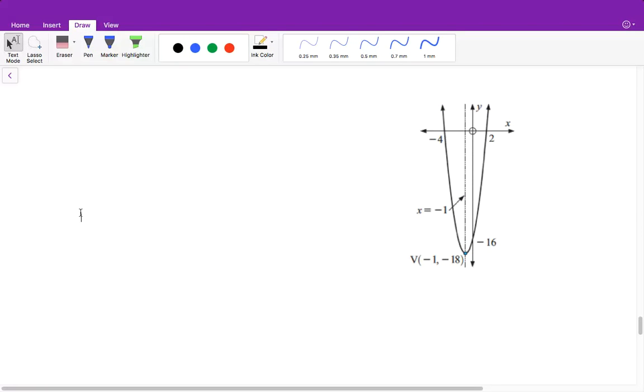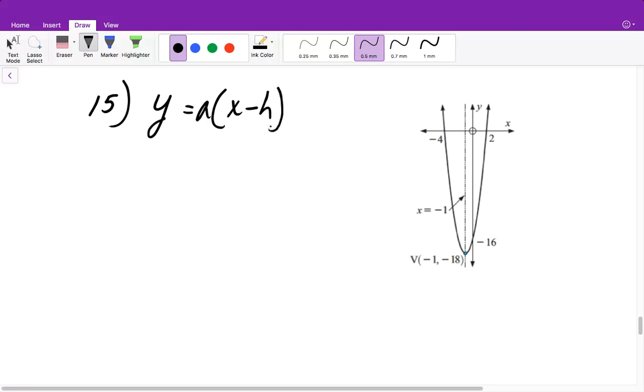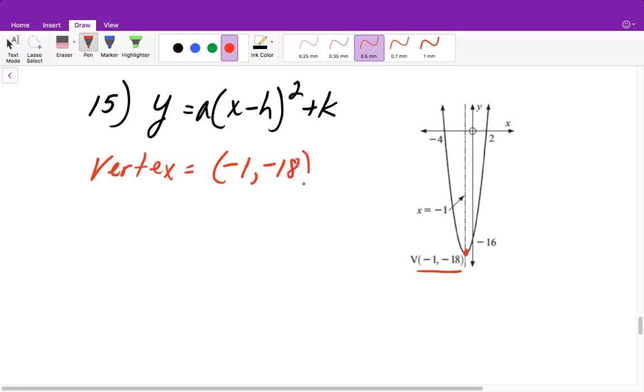All right, so for number 15, you are asked to find the equation of y is equal to a times x minus h squared plus k. And you're given the graph. So when you're doing this, you have to identify the 2 points that you're given. Here, they're giving us our vertex. So I know that my vertex is the point -1, -18.